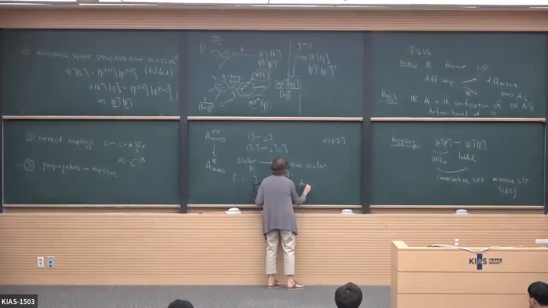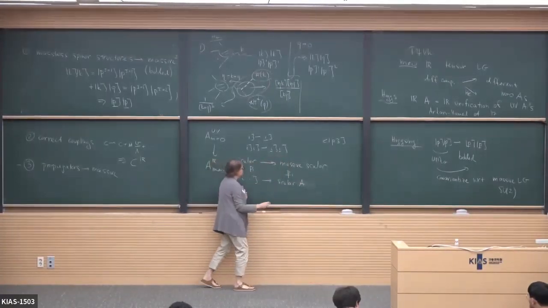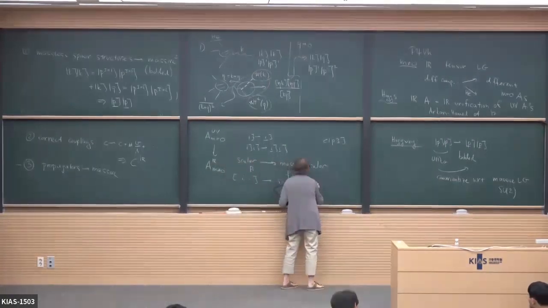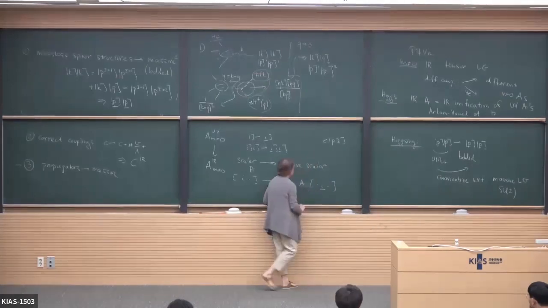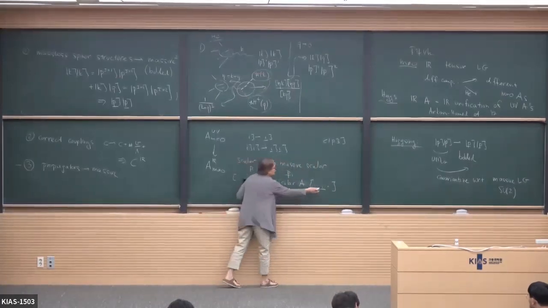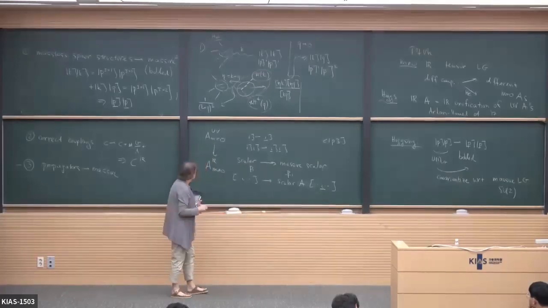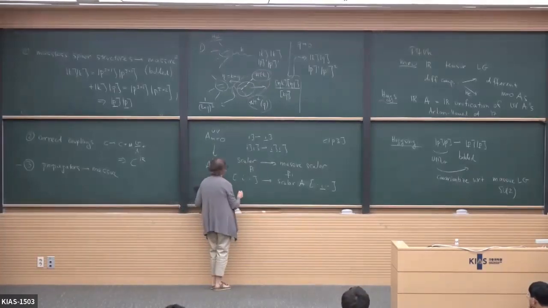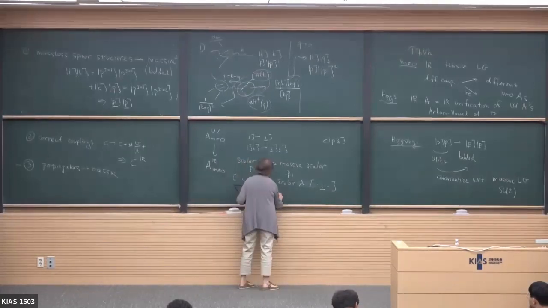Let me write it. This is just going to contribute to some scalar amplitude, and it's going to be exactly in the same form. The only thing that I need to do is bold this momentum. The momentum is becoming massive. But the other thing that's happening is that the same thing also contributes to a vector amplitude.